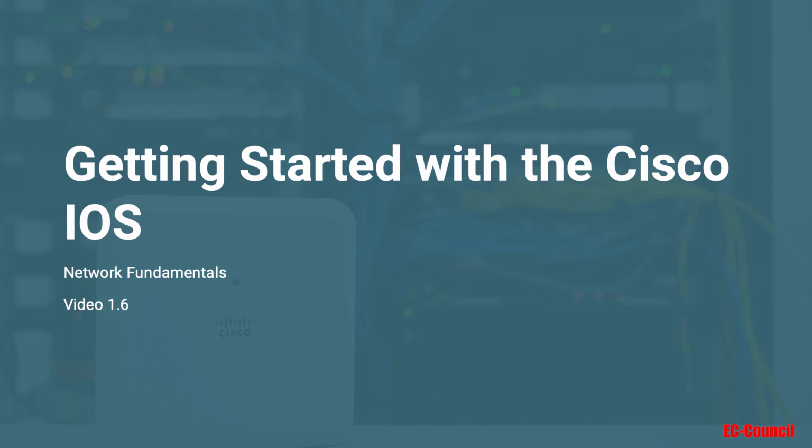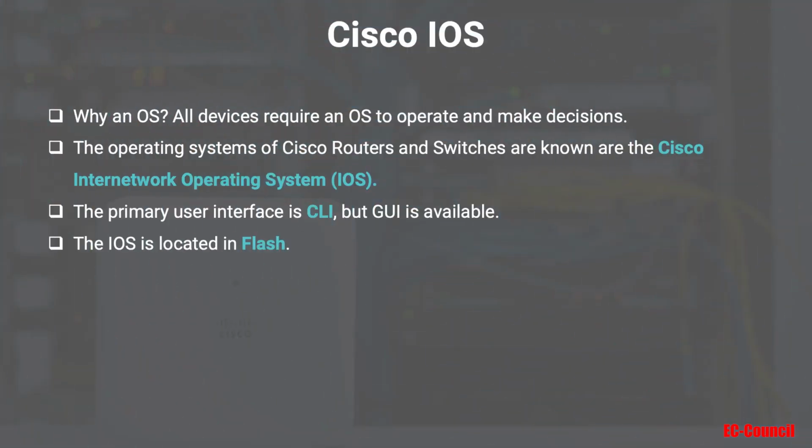In this video, we'll look at getting started with the Cisco IOS. So let's dive on in. What exactly is a Cisco IOS? To put it simply, the IOS is the operating system on Cisco routers and switches. All devices require an operating system to operate the hardware and also make decisions, such as how to forward frames, how to forward packets, and so on.